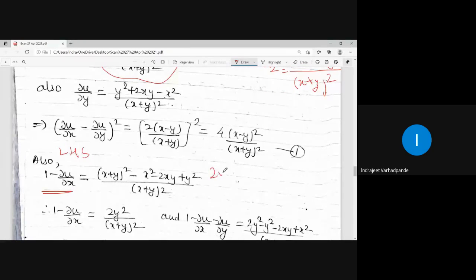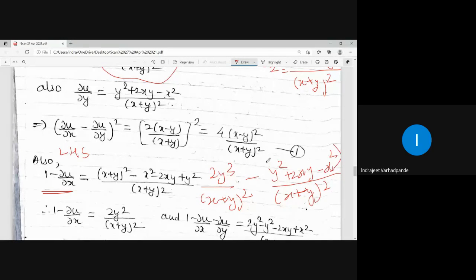So from 2y square upon x plus y whole square, I will have to subtract this. What is it? y square plus 2xy minus x square upon x plus y whole square. Right? This is what I have to subtract.